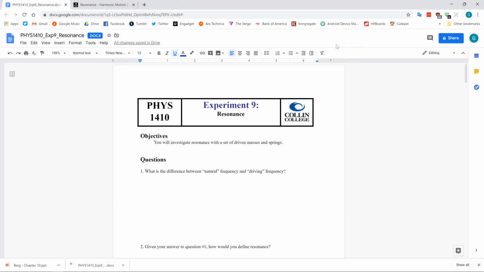And honestly, as long as you're getting your labs in within a day or so of the actual deadlines, I'm also really not paying that much attention to it because I don't know what all your schedules are like. Some of you may be working and not able to get things in on the day that they're officially due. So as long as you're in a reasonable time frame, that's fine.